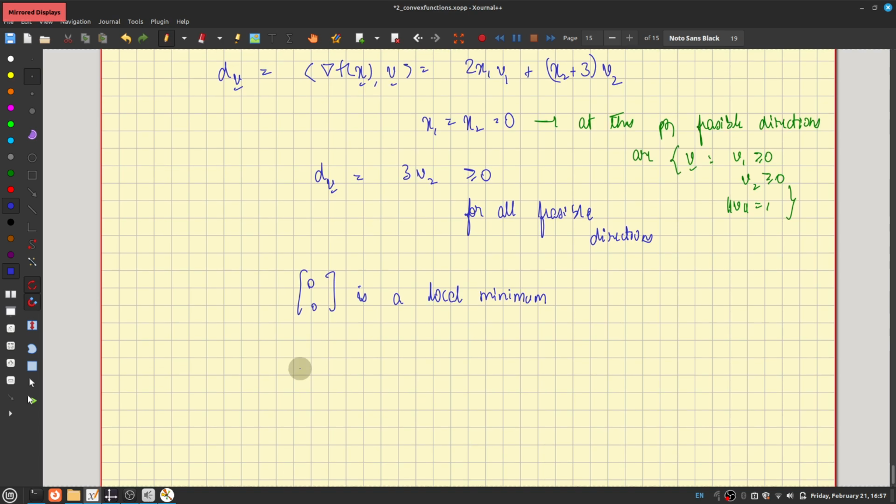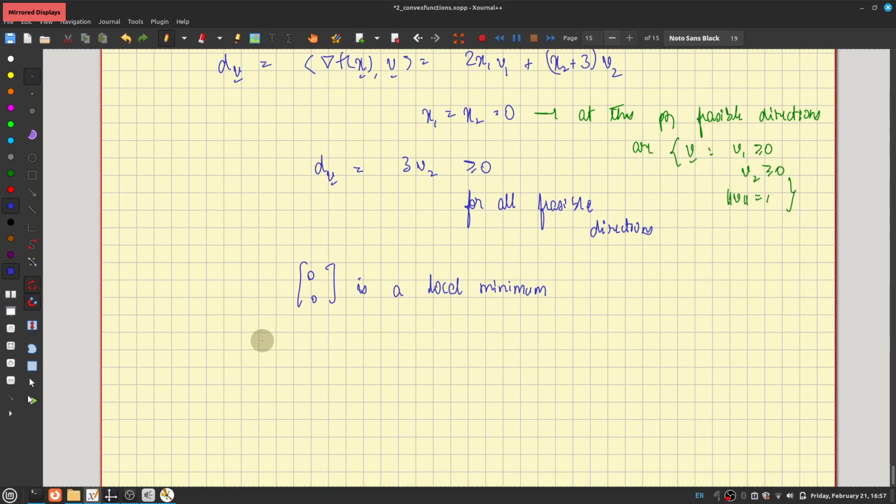Right? Let's pick some other point. Okay, what are the boundary points? What do boundary points here look like? Correct. So it's either of the form x1, 0 or 0, x2. So let's take a boundary point of the form x1, 0, where x1 is maybe strictly positive.